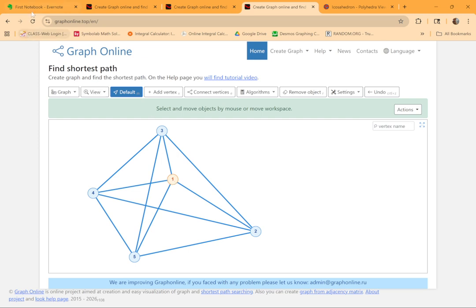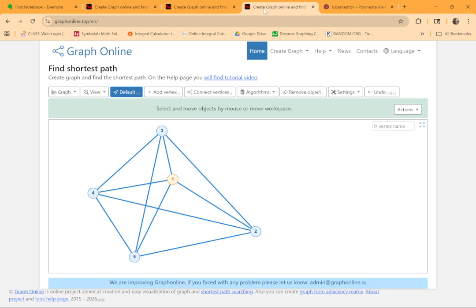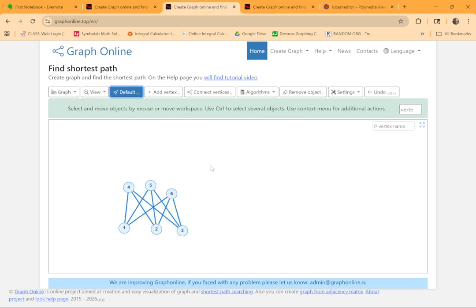And we'll also take a look at K3,3, the bipartite graph. When I say K3,3, here we have 3 nodes and 3 nodes. The nodes 1, 2, 3 have no edges between them, and 4, 5, 6 have no edges between them as well, hence the 3, 3.